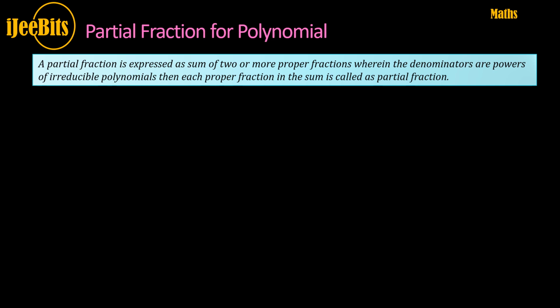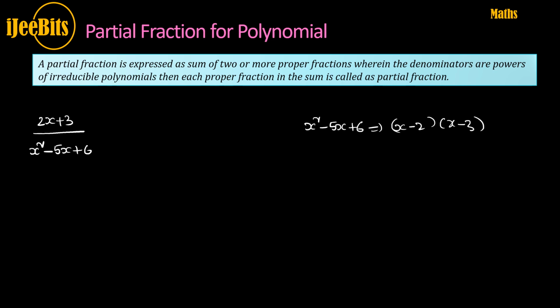Okay, let me give a simple example. Let's say we have 2x plus 3 divided by x square minus 5x plus 6. The denominator polynomial is x square minus 5x plus 6. If we factorize this, how do you represent it? This is nothing but x minus 2 and x minus 3, right?